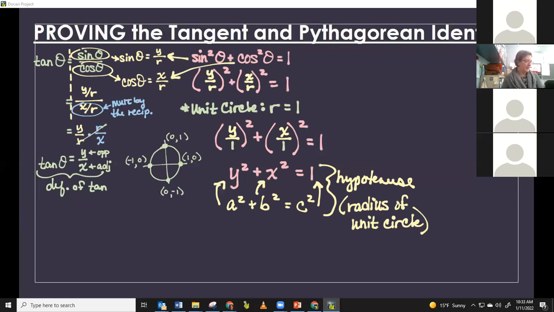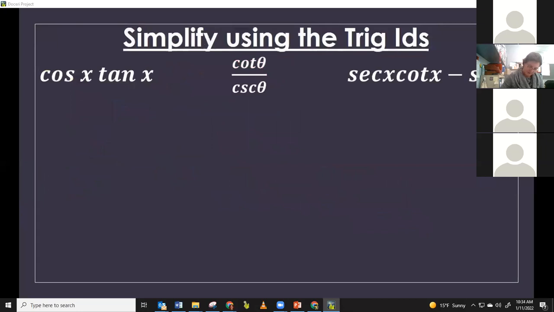So I want to look at a couple of problems where we're going to simplify. We'll keep doing this tomorrow, but I want to start this today with our last couple minutes. We want to use our different identities. We have reciprocal identities, tangent and cotangent identities, and then Pythagorean identities.